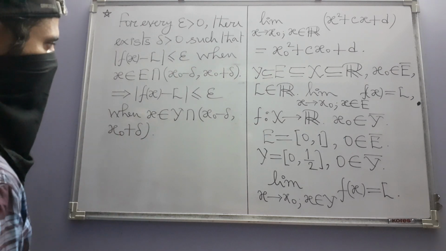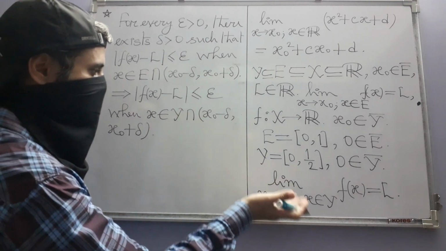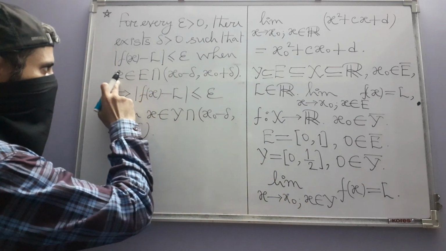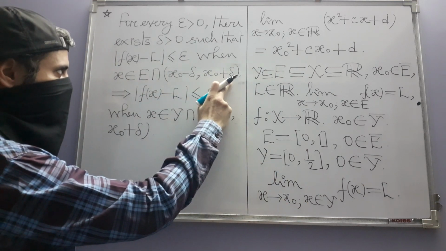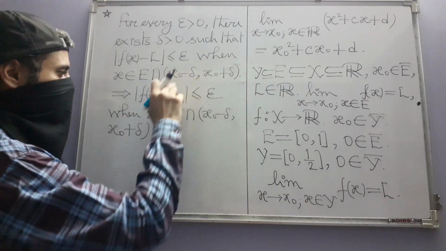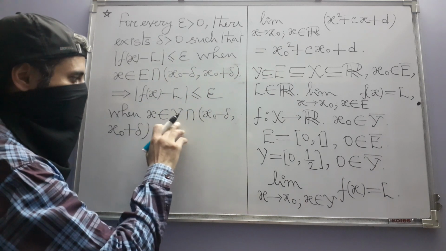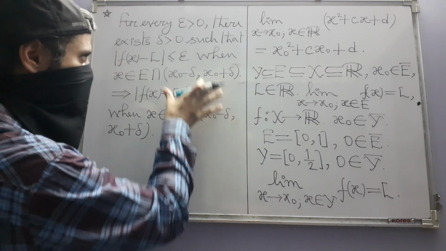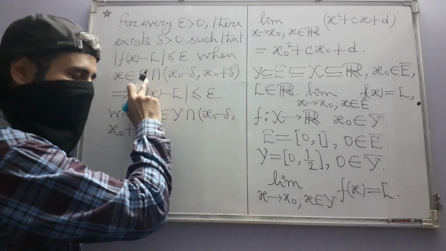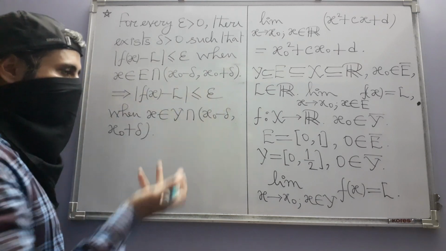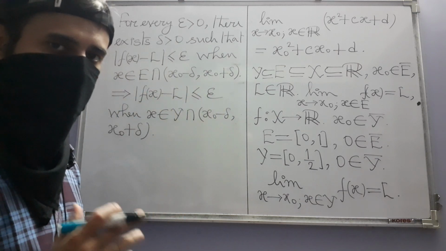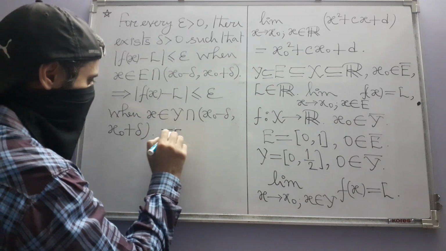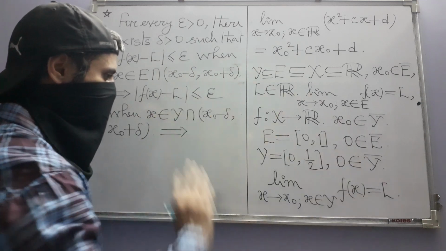Of course it can be done. Why? Because Y is a subset of E. So for all x coming from this set, this inequality is true. So in particular, if those x are coming from this intersection, which is a subset of this, since Y is a subset of E, also this inequality will be true. Okay, so this is a special case, and that implies this limit.